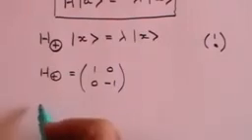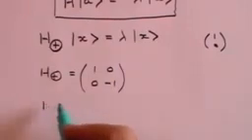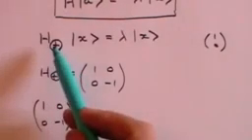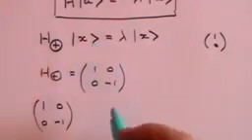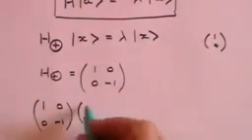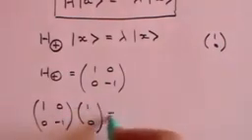Well, let's see. So we've got 1, 0, 0, minus 1. That is the Hermitian matrix, the operator, acting on X. And X is 1, 0. And now you've got to remember your matrix times vector multiplication rules.